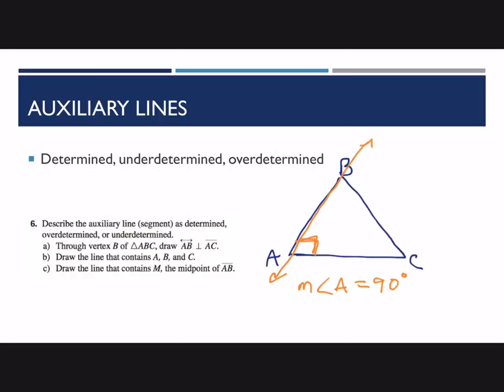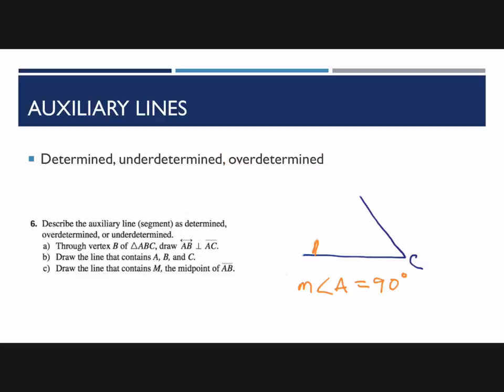All right, so in this case, this isn't an impossible condition. We could have angle A as a right angle, but it's not absolutely true or not absolutely necessary. We don't know for sure that that's the case. So this would be an example of an auxiliary line that is overdetermined. It's assuming too much or forcing too many conditions into the problem.